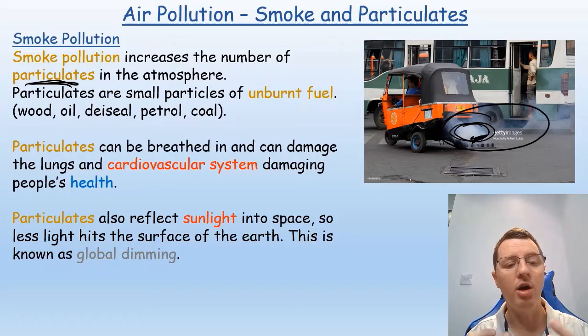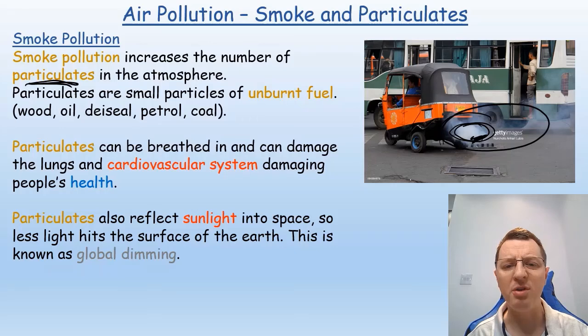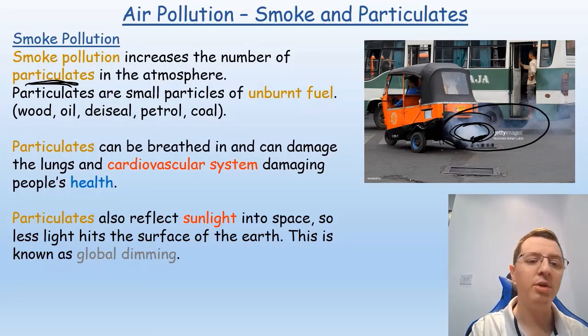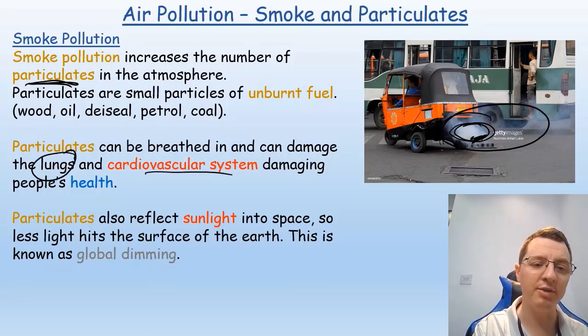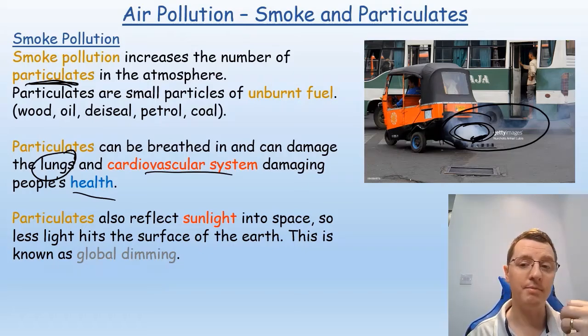These hydrocarbons are known as particulates, and they might be 5 to 6 carbons long. And these are breathed in. These small particles of unburnt fuel can cause damage to the lungs and damage to the cardiovascular system, reducing people's health. And it's not just particulates produced by cars or in this case buses or Bajajs.